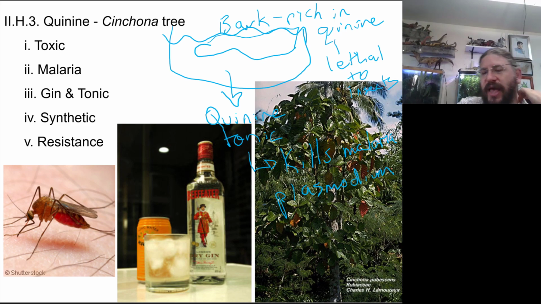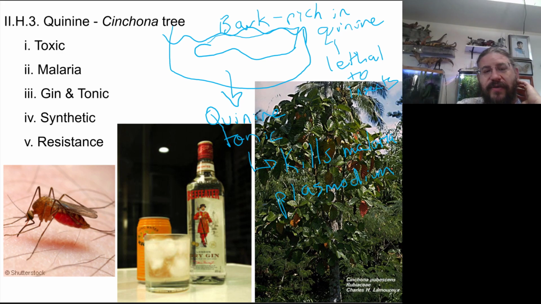Malaria, as it turns out, is a huge problem absolutely everywhere along the equator. So South America as well. Florida, the Gulf Coast used to have big malaria issues. So malaria all over, anywhere there's an equator.